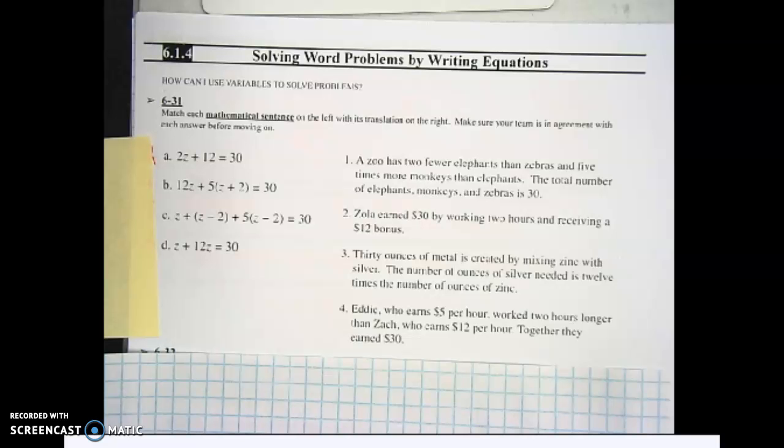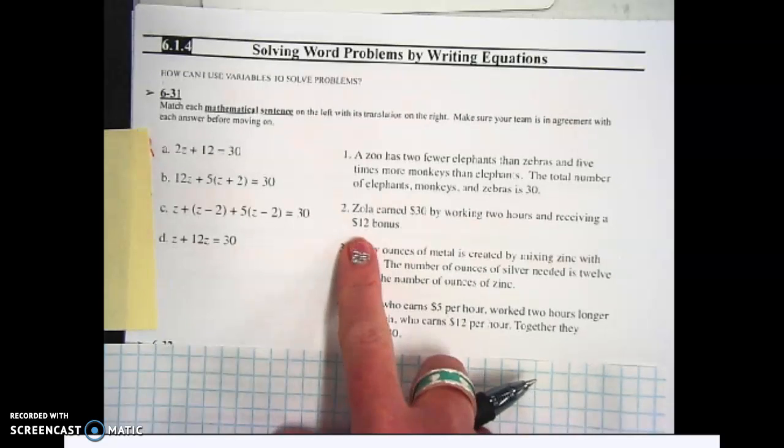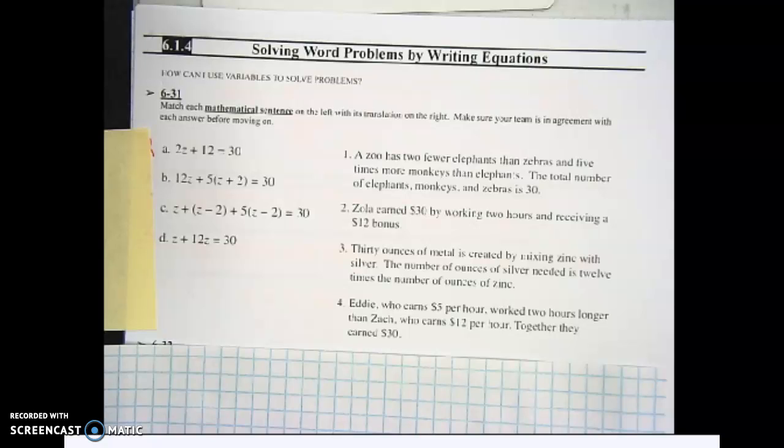Good job, Alec. All right, number 2, Mariana. Okay, good job. Thank you. Number 3, Isidro. Awesome. Great job. And number 4, Adriana is not here. Esmeralda.